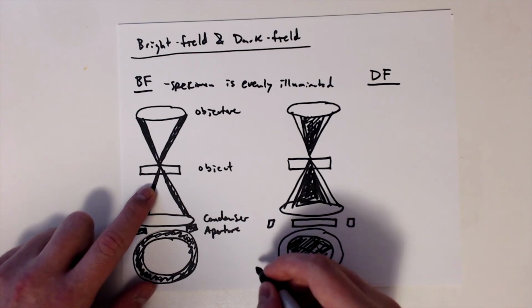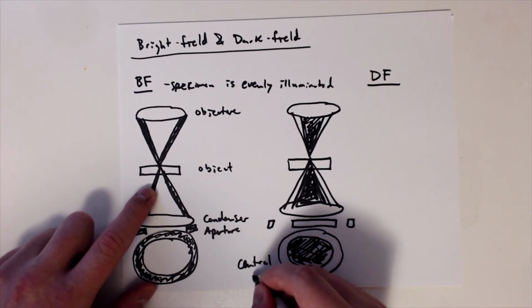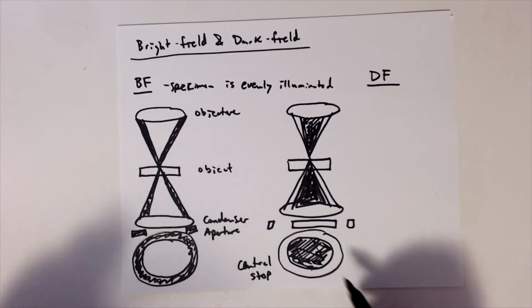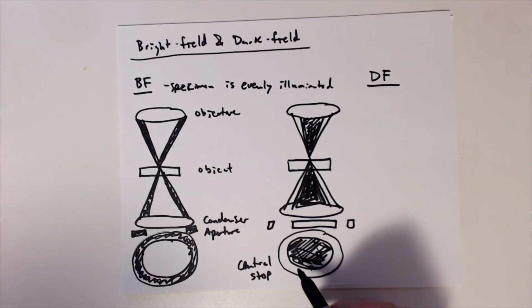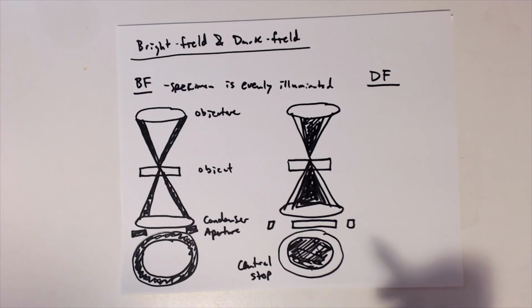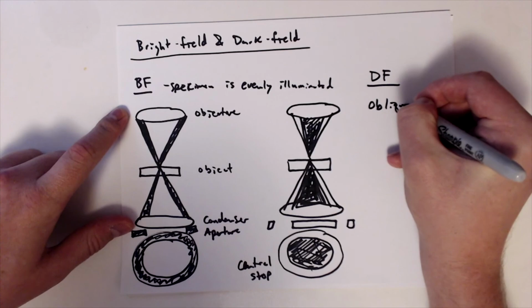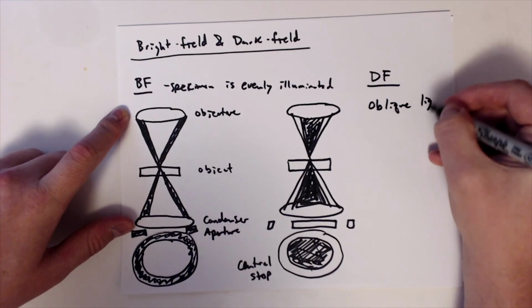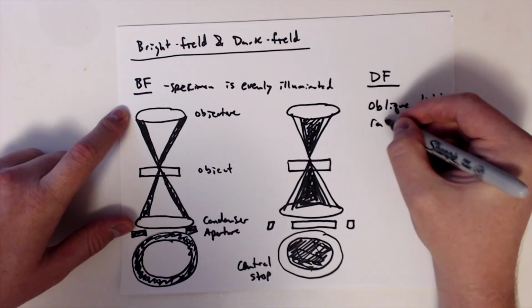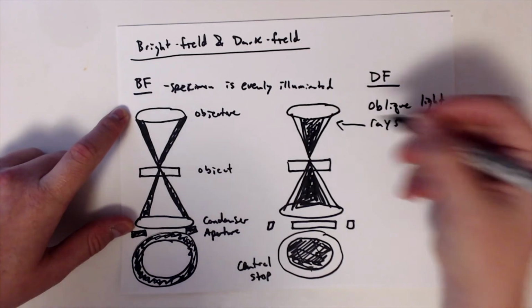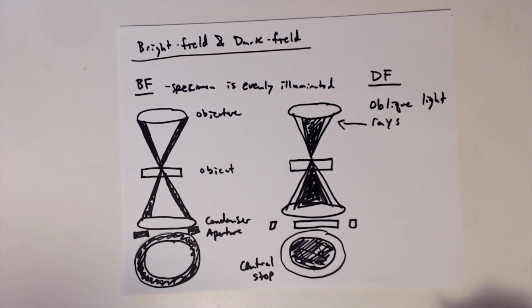So this is known as a central stop. And it allows us to do dark field imaging. So we only have what we call oblique light rays. So that's what's illuminating the sample.